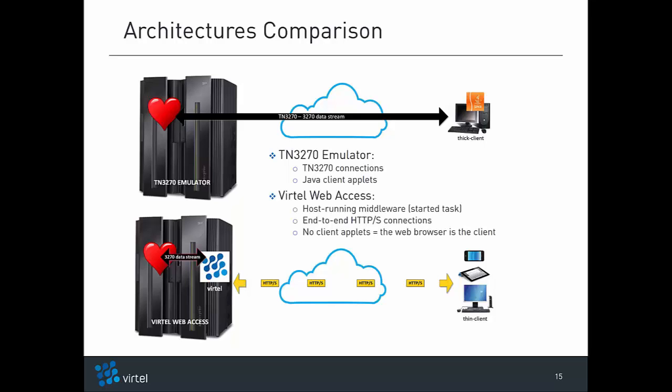Instead, Virtel Web Access relies on host-running middleware, end-to-end HTTPS connections, and client web browsers to which Virtel serves standard HTML JavaScript web pages. So, with Virtel Web Access, we keep the control of access to host assets on the host where it belongs.